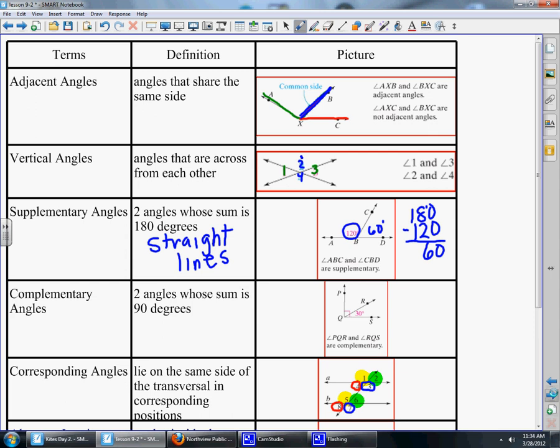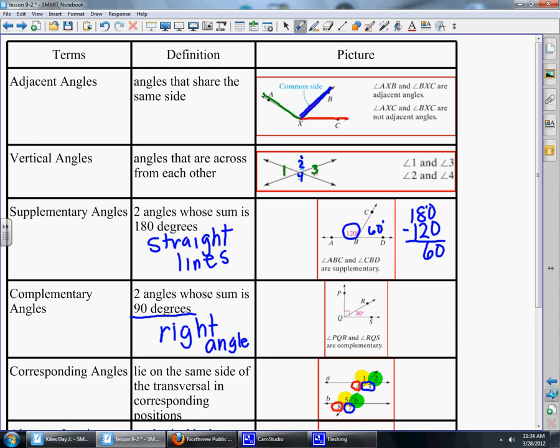Complementary angles are angles whose sum is 90 degrees, or they make a right angle. Again, these angles can be adjacent angles, or they can be separate from each other. But angle PQR and angle RQS are complementary.